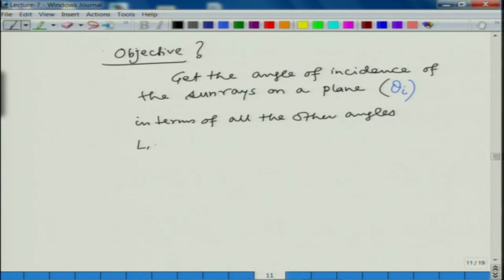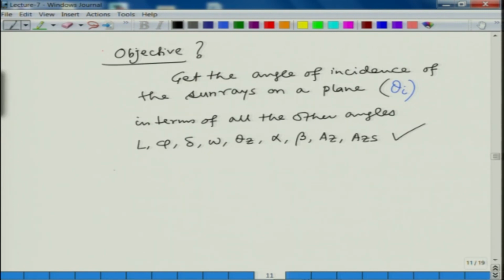We have latitude, we have longitude, we have declination angle, we have hour angle, we have zenith angle, we have the altitude angle, we have the tilt angle, then solar azimuth angle, surface azimuth angle, and all. Okay. So, these are the angles that we have, and we need to find theta I in terms of these values. That is the next task we are going to take.